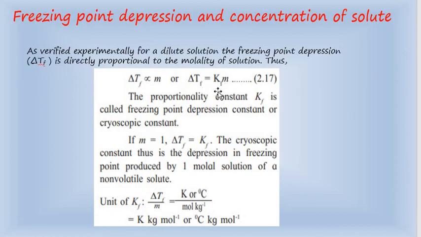Kf would be your freezing point depression constant or cryoscopic constant. If m equals 1, then delta Tf is equal to Kf. So we can say the cryoscopic constant is the depression in freezing point produced by 1 molal solution of non-volatile solute. Its unit would be Kelvin kilogram per mole.